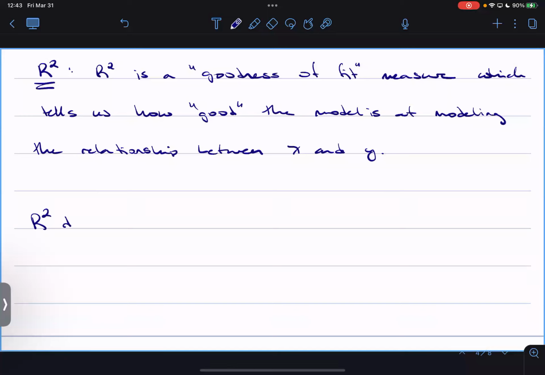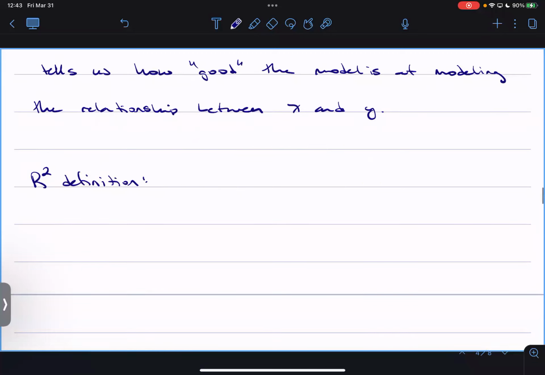The R squared definition goes like this.